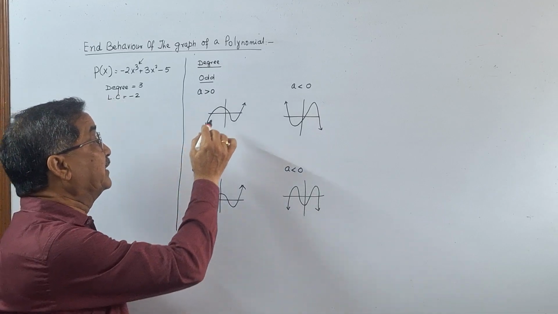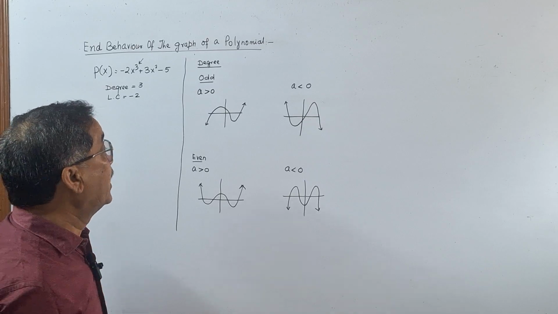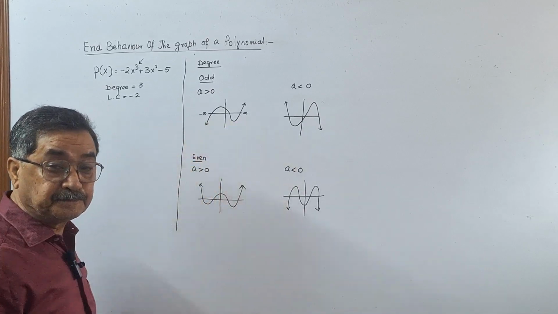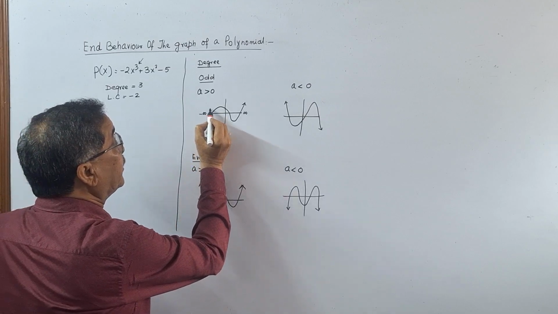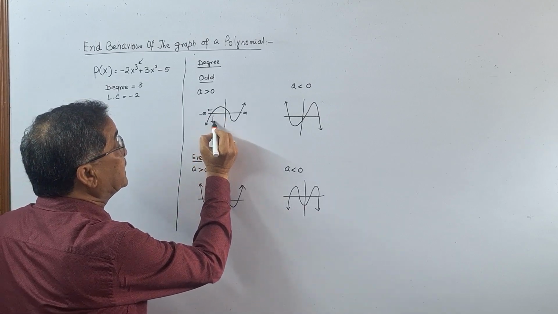Now, once you have made the graph or analyzed what kind of a graph it's going to be, then this will be negative infinity, this is positive infinity. Now, when the value of x goes towards negative infinity, the value of y is going down.